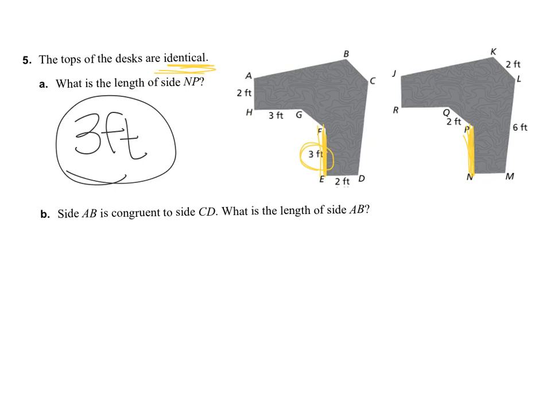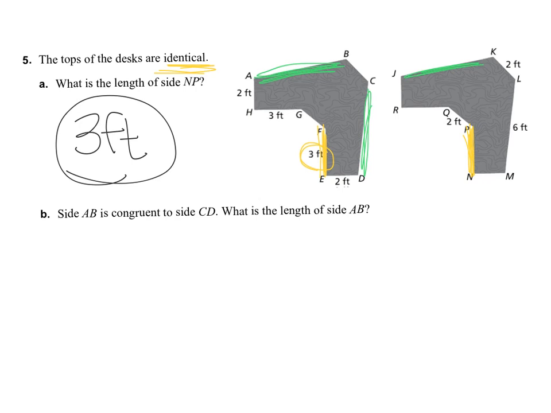The next question asks, side AB is congruent to side CD. So let's mark that. AB is congruent to side CD. All right, so these guys are congruent. What is the length of AB? All right, well, I know AB, and it is corresponding to JK, but JK does not give me a length.